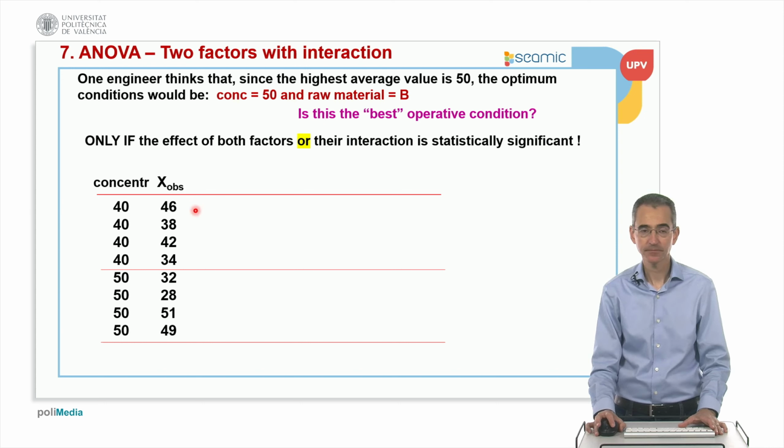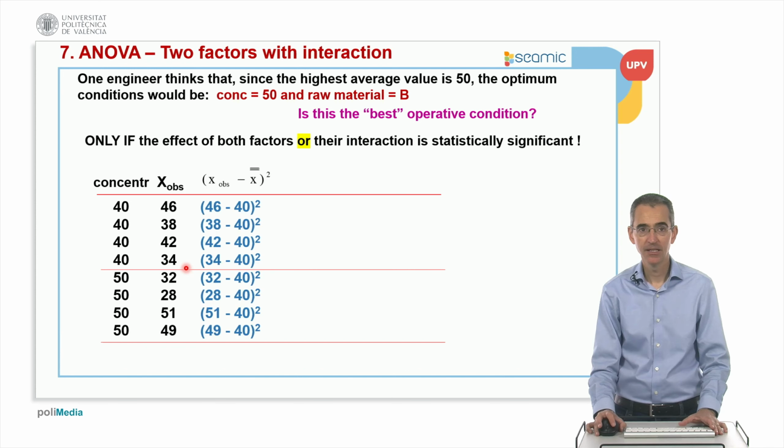Once again, these are the four values obtained with concentration 40, and these are the four values with concentration 50. We take each value minus the grand mean, squared, we sum, and we get the total sum of squares.